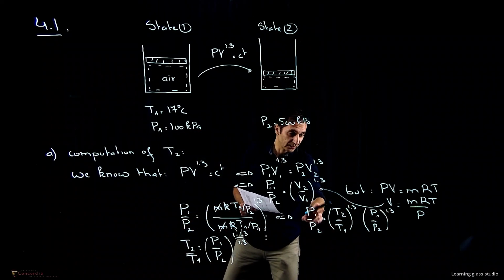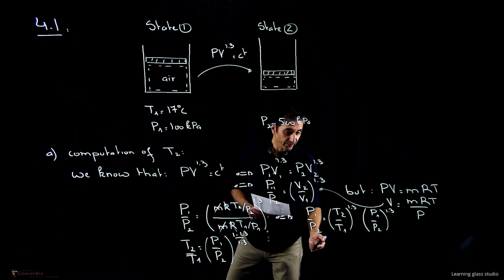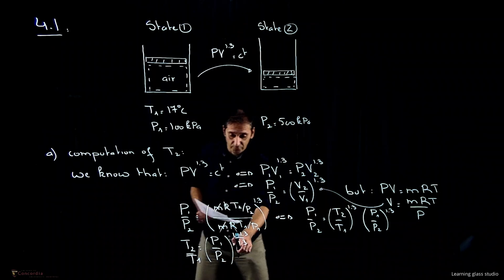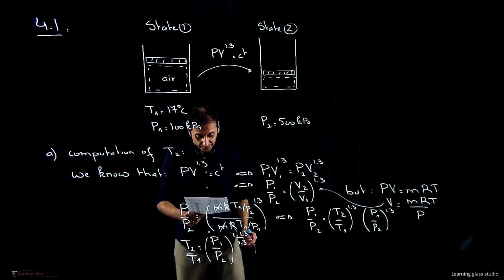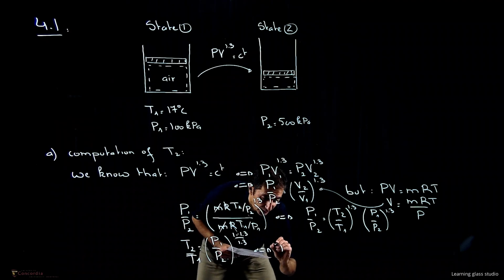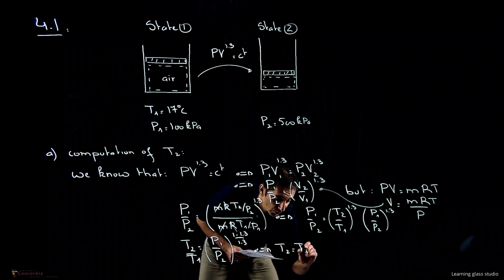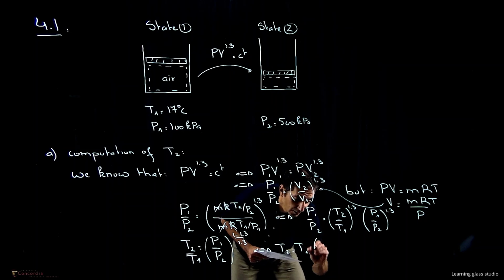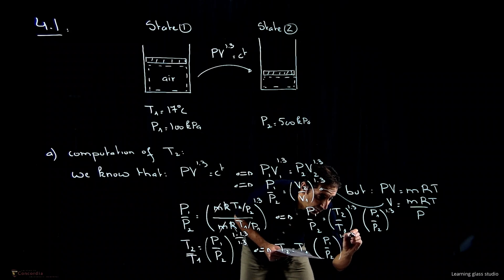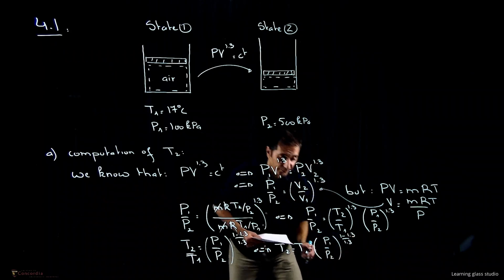So this is 1, exponent 1 minus 1.3, and then actually all this divided by 1.3. So this is our 1.3 here. So this is equivalent to say now that T2 is equal to T1 cross (P1 over P2) exponent (1 minus 1.3) over 1.3.